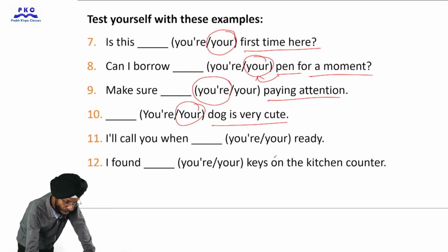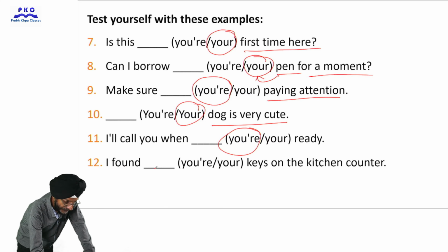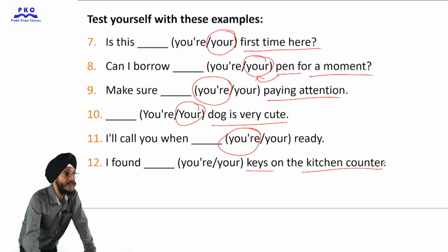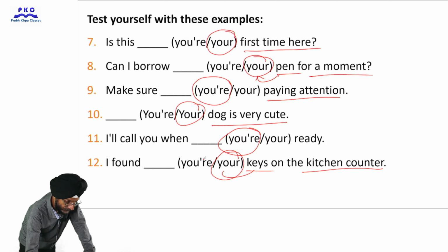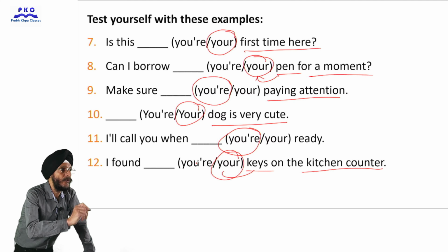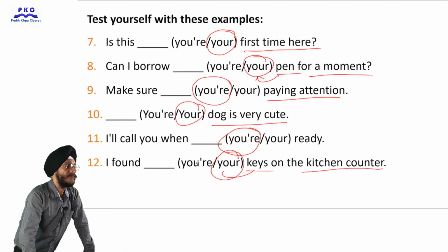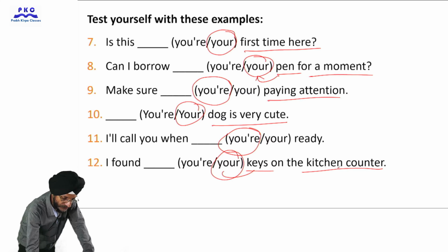So I will call you when you're ready. Contraction form of you are. I found dash keys on the kitchen counter. Keys belong to you. Your. We cannot say "I found you're keys on the kitchen counter."